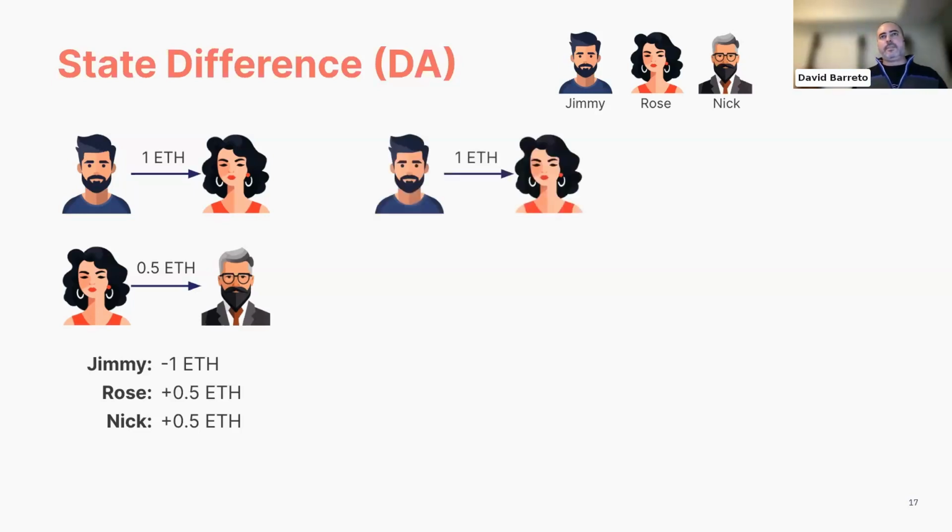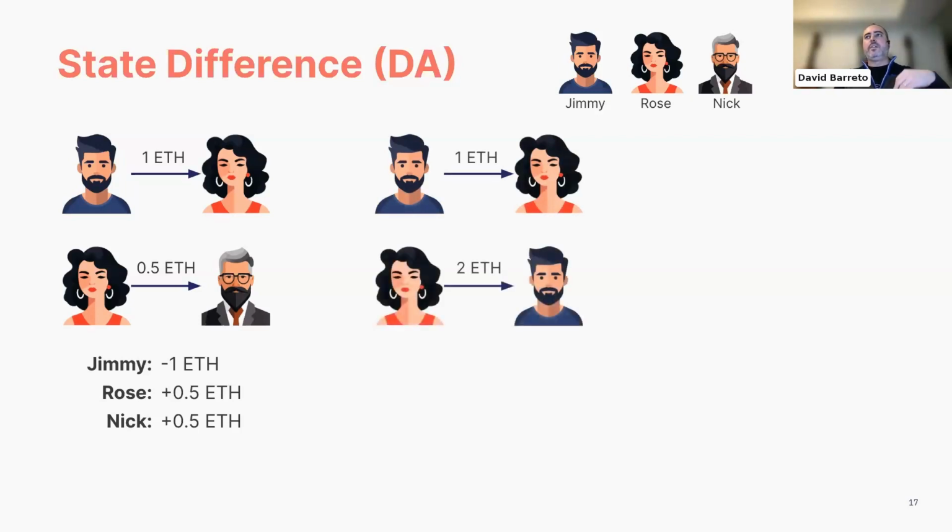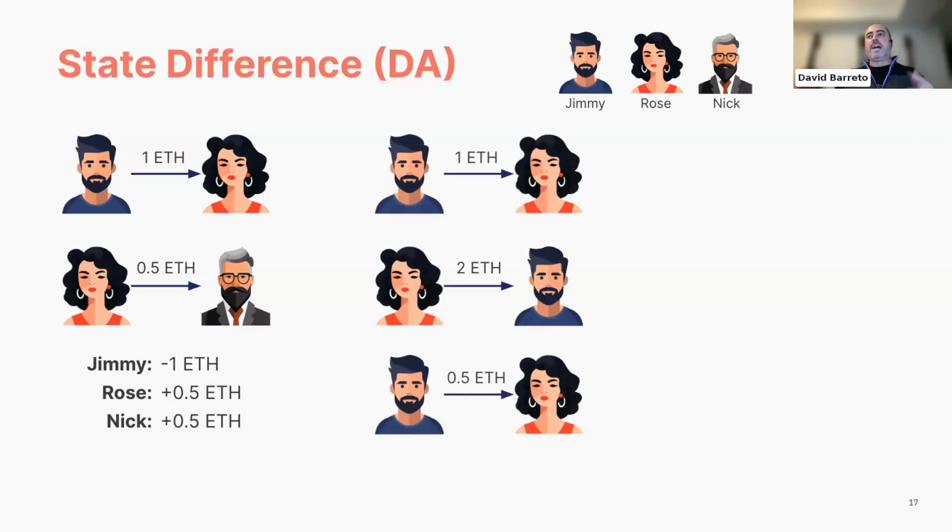Another example, let's say same beginning, Jimmy sends 1 ETH to Rose, and then Rose sends 2 ETH back to Jimmy, and then Jimmy sends half an ETH. You see that we have 3 transactions, but what we send as data availability is only the changes as a result of executing all these transactions, which is that Jimmy has half an ETH more and Rose has half an ETH less.